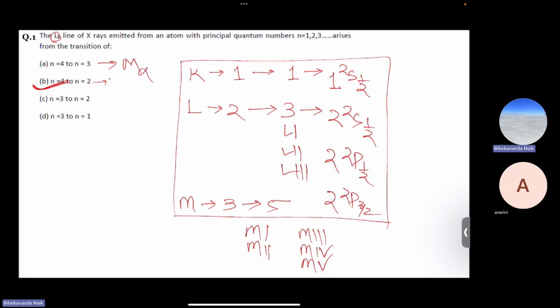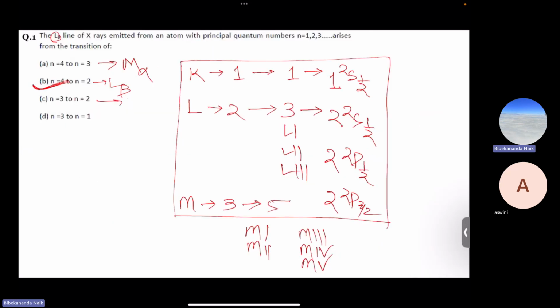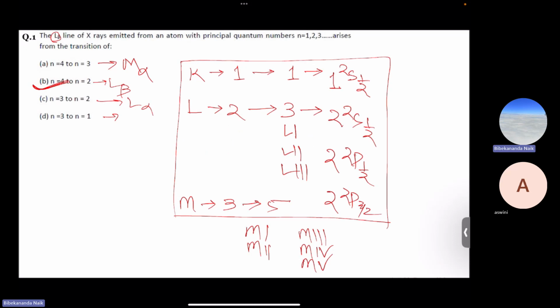This transition is L beta. Then n equal to 3 to n equal to 2, we just discussed, is L alpha. Then n equal to 3 to n equal to 1 is K beta. So these are the transitions and their notations.